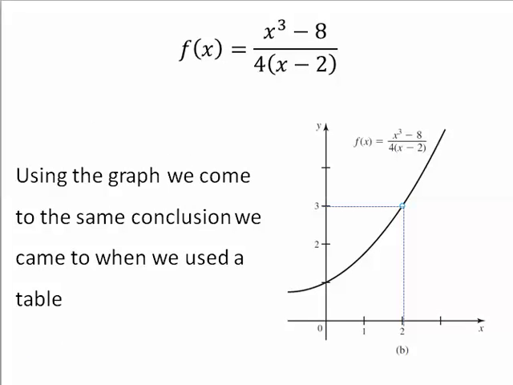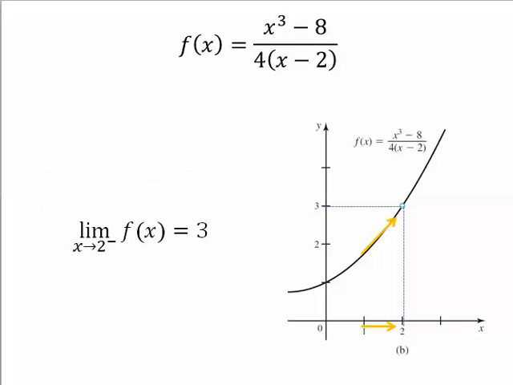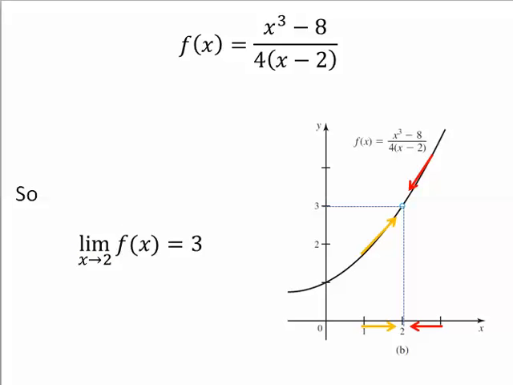Well, if you do use technology, you're going to come to the same conclusion. As x approaches 2 from the left, the function is getting closer and closer to 3. As x approaches 2 from the right, the function is getting closer and closer to 3. And so we conclude that the limit of the function as x approaches 2 is equal to 3.